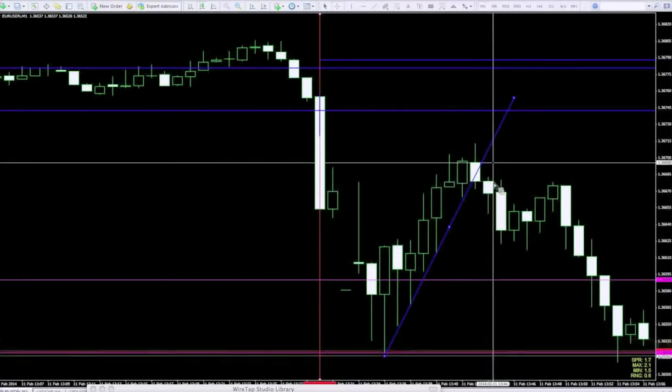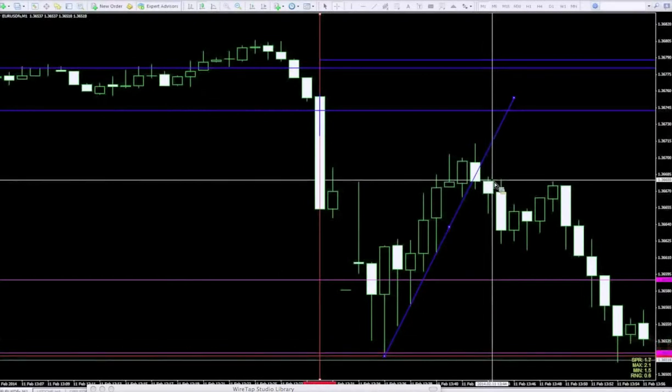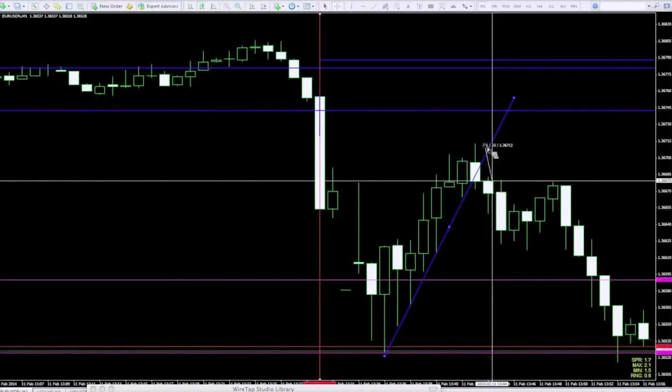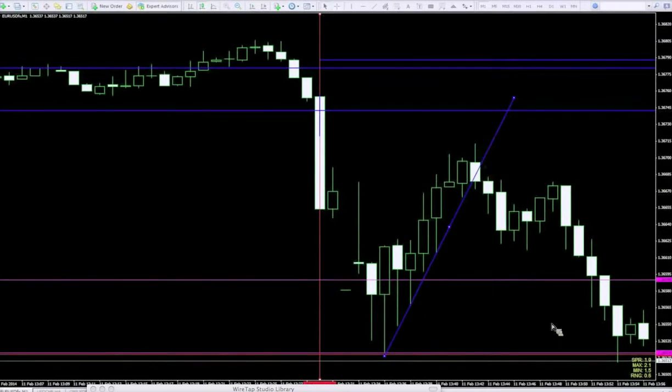My stop, at the conservative entry or the moderate entry, would go above this high. Okay, so in this case, I have a 3-pip stop. And I'm still looking at, I think it was, an 18-pip take profit.